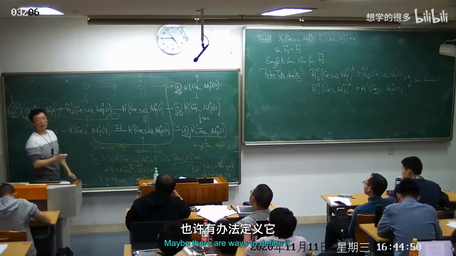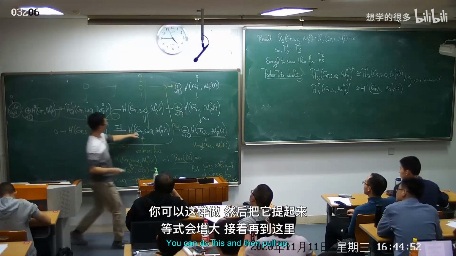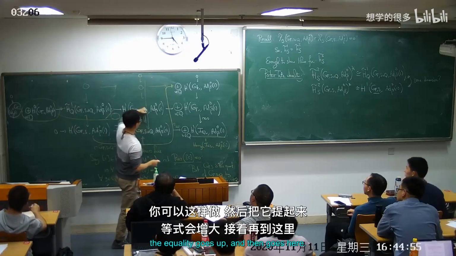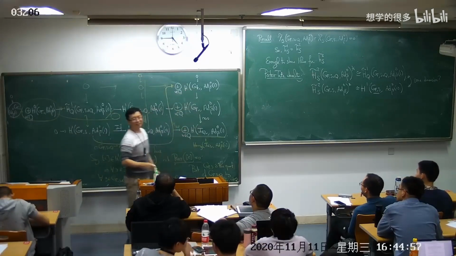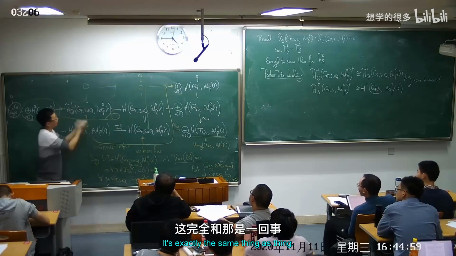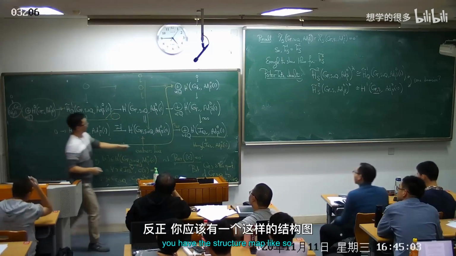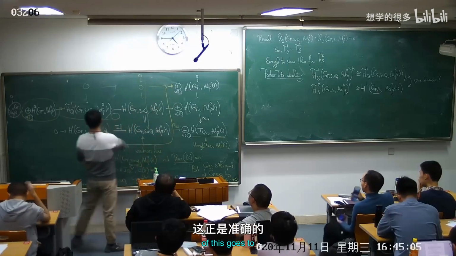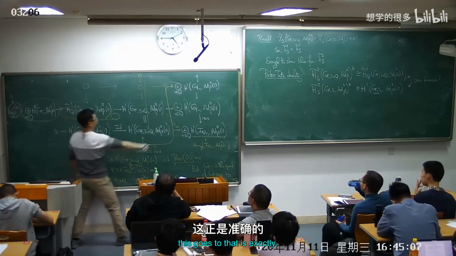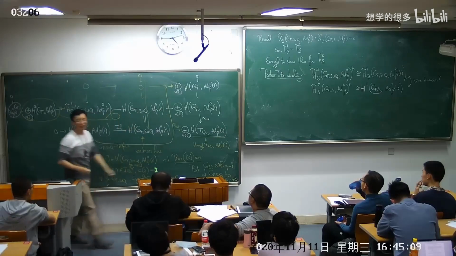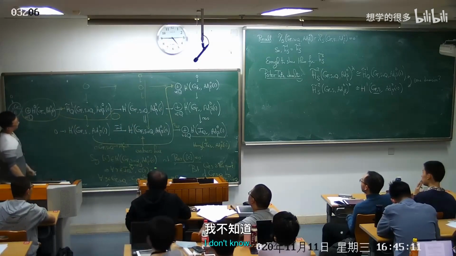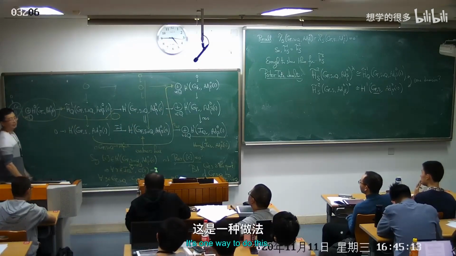Maybe there are ways to define it. You can do this, and then pull up. The equality goes up, and then goes here. You can do a zigzag. That's the same thing as the snake anyway. So you have such a map, and this is exact in the sense that this goes to this, goes to this, goes to that is exact. It's one way to do this.